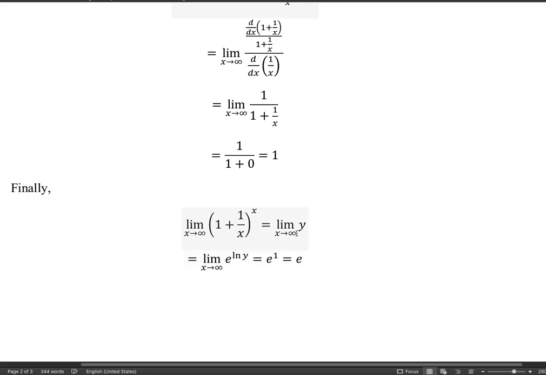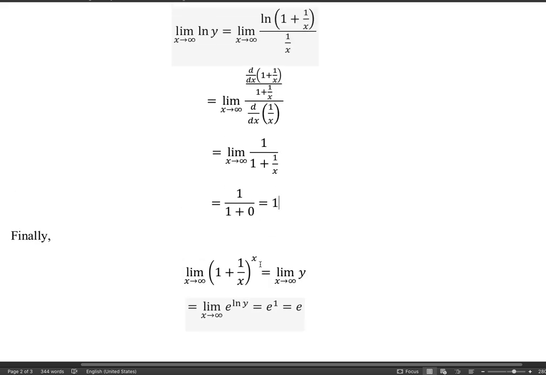Y really is the same as e to the ln of y. So the limit of ln of y, as we calculated, is just 1. So finally, the limit of this expression is just e to the 1, or simply e. So that should be it. This is the limit, I believe.